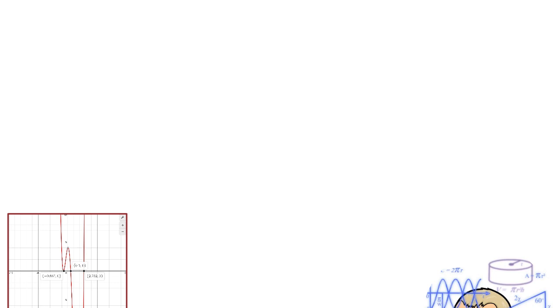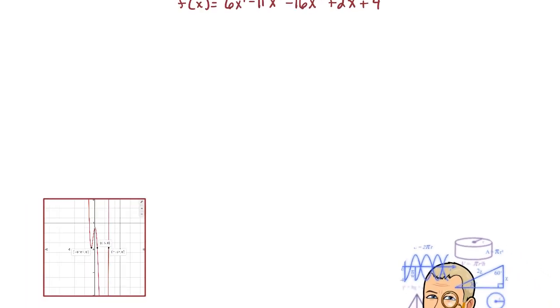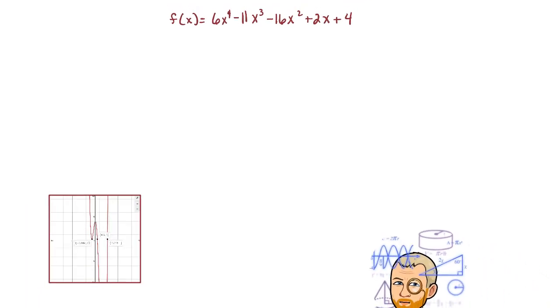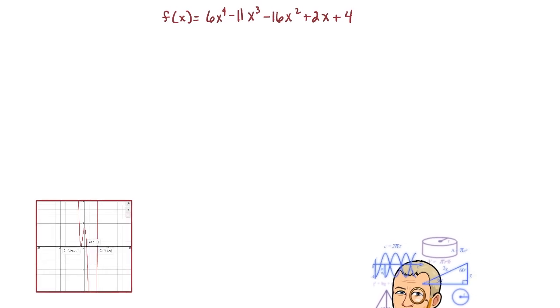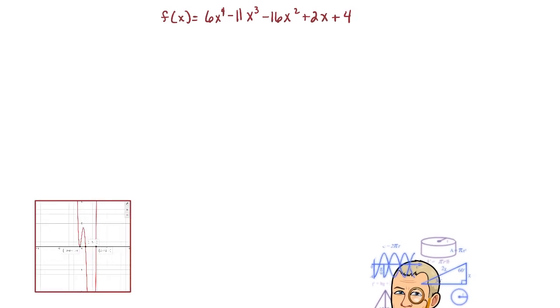So here we go. Let me get things zoomed in appropriately so we can see everything. First thing we're going to do, get it equal to 0.